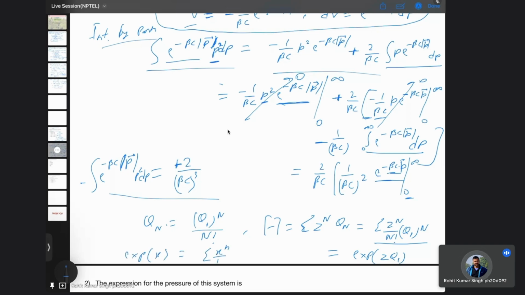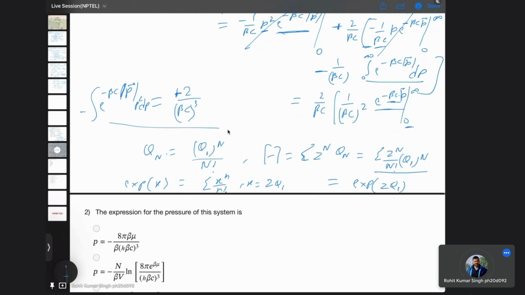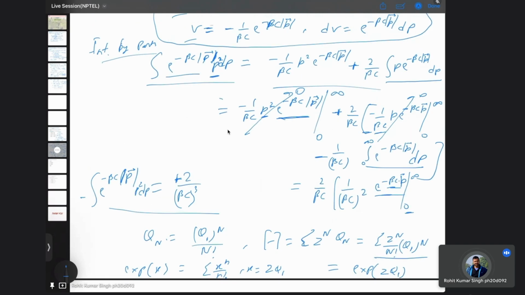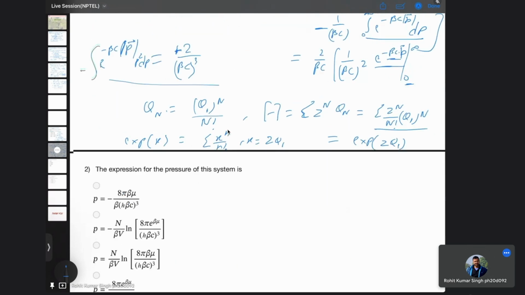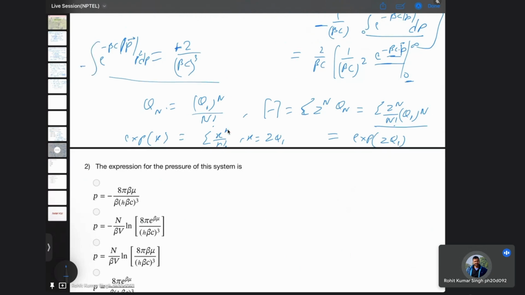So here x is simply zq1. And sorry, I ran out of space. Let me take some space from the next problem.